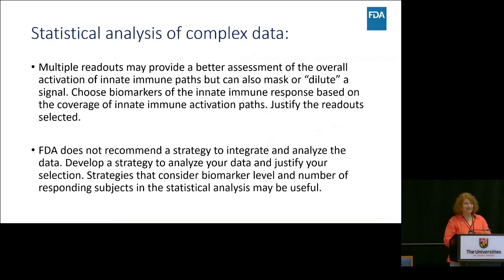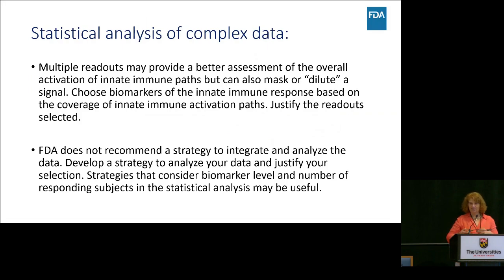So, statistical analysis of complex data. Multiple readouts may provide a better assessment of the overall activation in innate immune paths, but can also mask or dilute a signal. So if you're going to choose multiple readouts for the innate immune response, you need to think about what paths you're monitoring and justify what readouts are being selected.